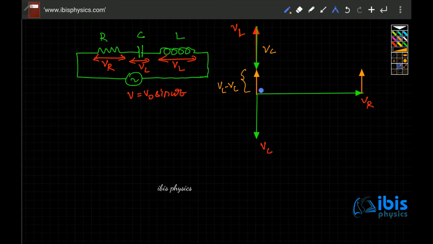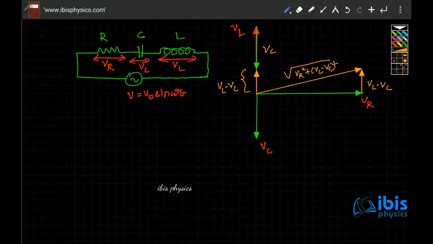When you draw this from here to here, you know that this is the resultant voltage. So this is VR, this is VL minus VC, hence this is going to be equal to the root of VR square plus VL minus VC the whole square.